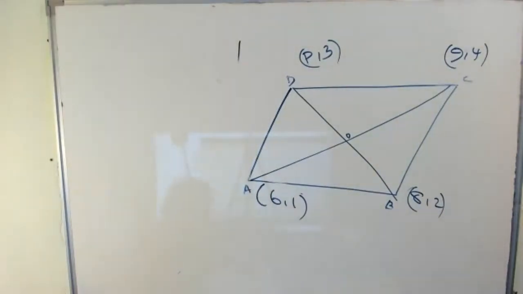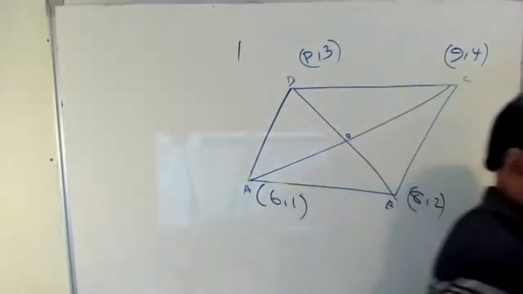Okay, P equal to 7. Yes, correct. Navneet, P equal to 7. Yes, P equal to 7. Okay, all the guys, finish it fast.